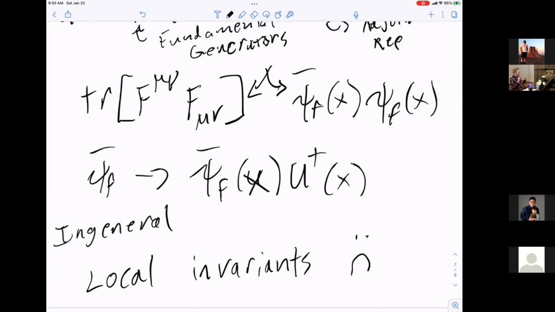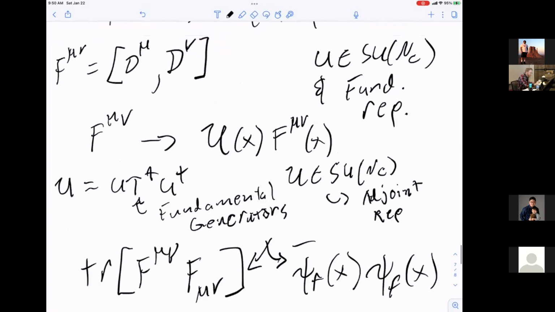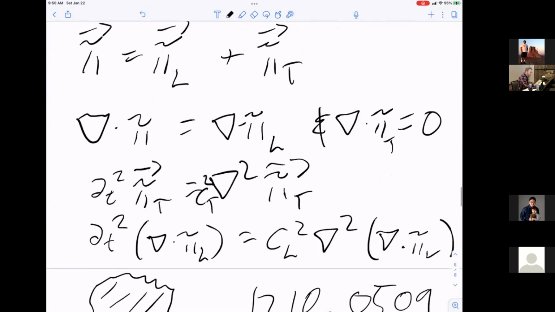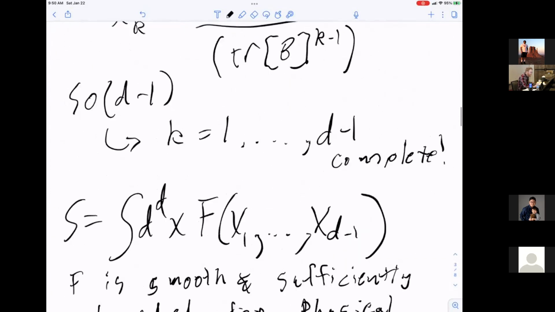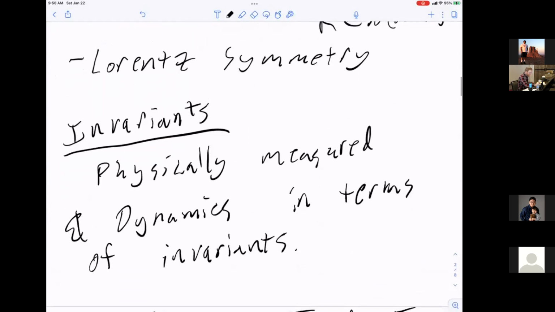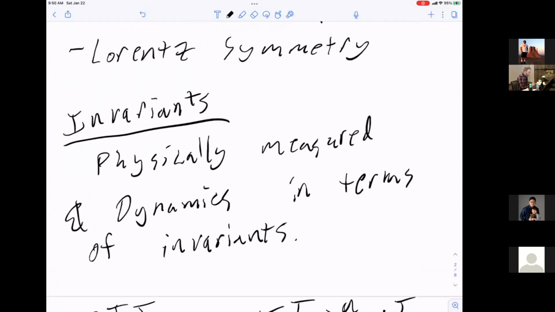But it's not just building an action that I need these invariants for, right? And I mentioned this earlier. I need my invariants because those are the things that can be physically measured, and that's what I should express the dynamics in terms of. So we're going to find things that are non-local in QCD. For instance, bottomonium is non-local in QCD.